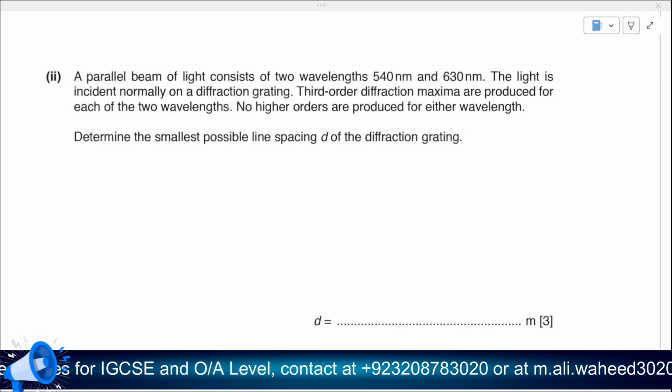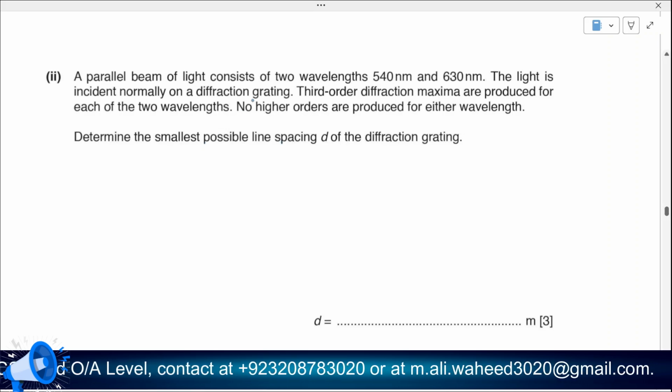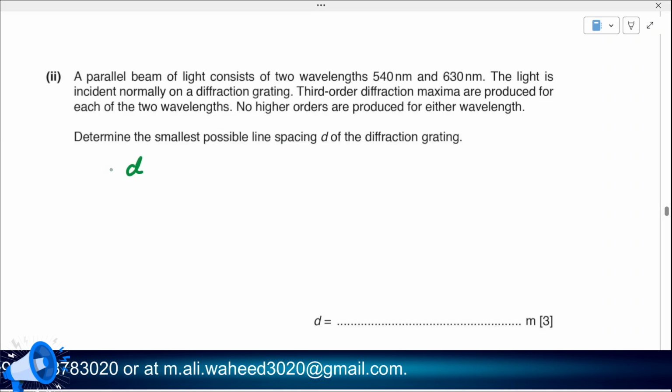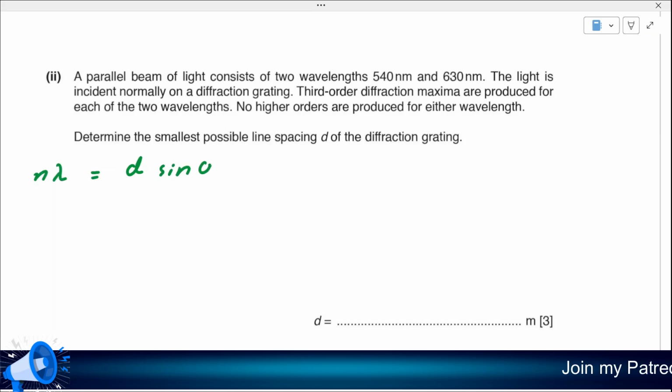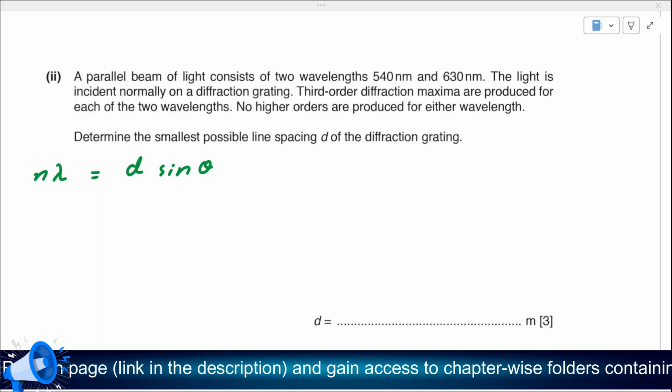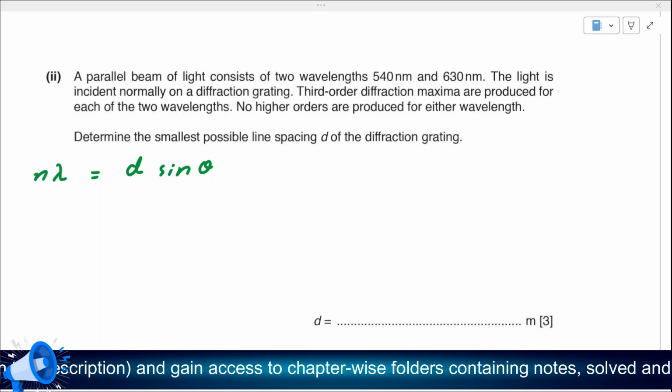So first of all, ladies and gentlemen, you need to score at least 1 mark from this question, which is to write down the formula n lambda equals to d sine theta. This is the first thing. You write this one, you'll be scoring at least 1 mark, C1, compensation mark for the formula. Now the thing is, I gotta pick a situation.